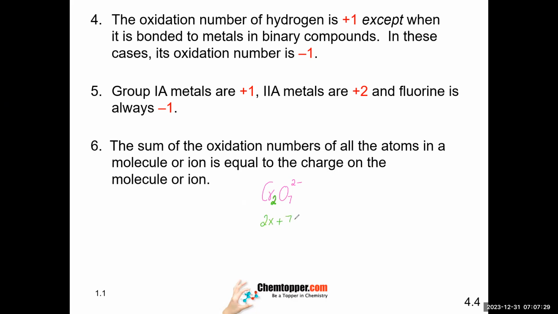There are 7 oxygens. The charge is, now Shrihan, check your answer. Shrihan, can you check your mathematics? Because the answer is +6. Anyone has any problem in understanding how to calculate oxidation numbers by using these rules?